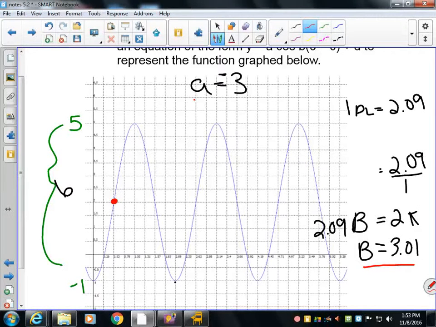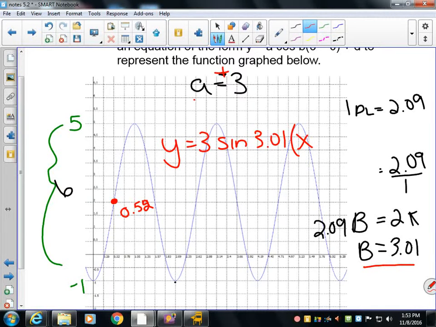We shifted it over. Do you guys know what this number is? 0.54. So we shifted it horizontally 0.52, and then we went up, down. So our amplitude in sine is going to be a +3 because it went up instead of going down first, right? So we get y is equal to 3 sine 3.01 x.